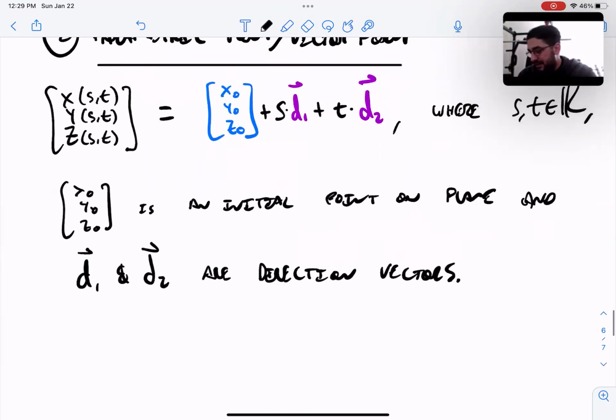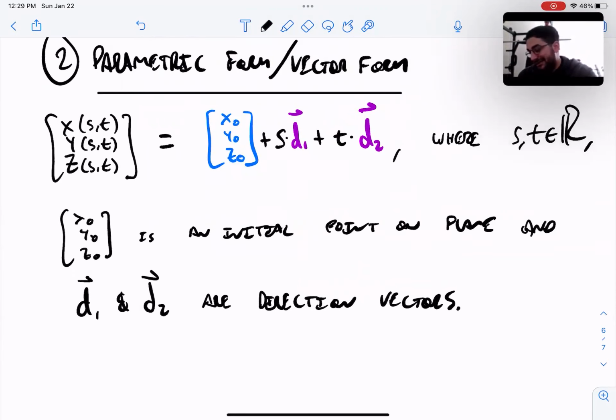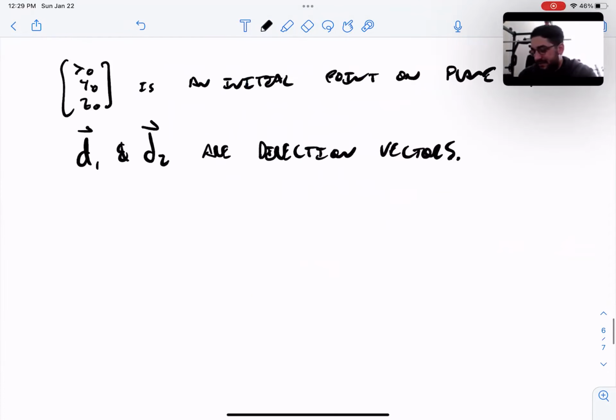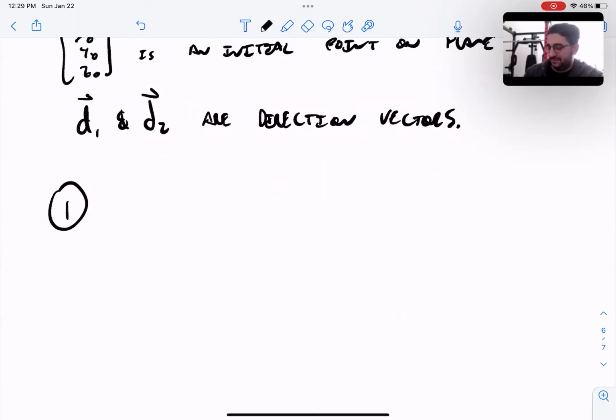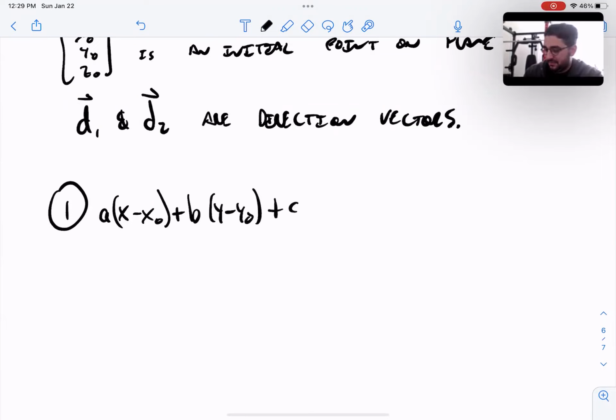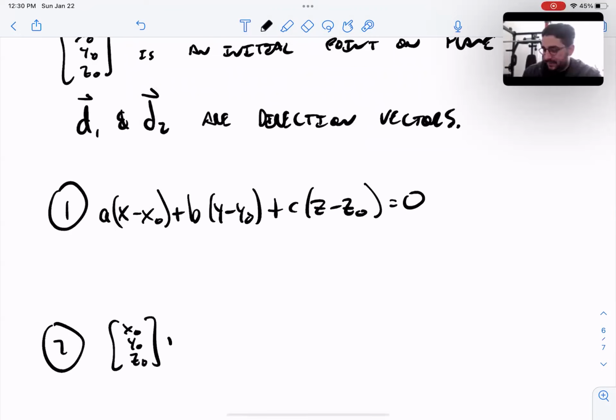Now, here is an interesting question. How can we go between these? If you have form 1 versus form 2, it's not immediately clear how to get from one to the other.